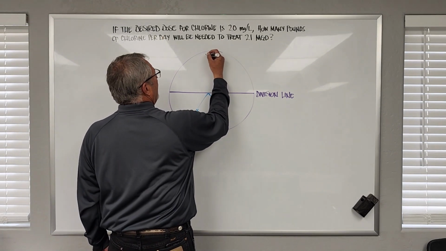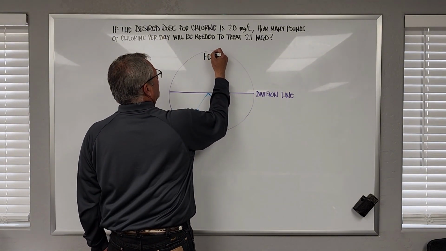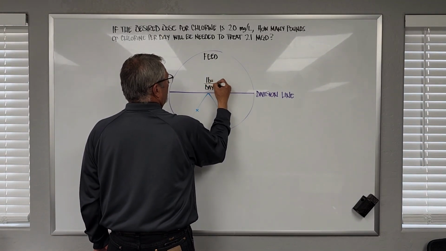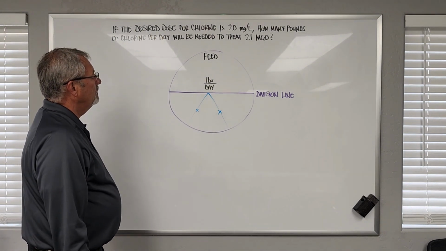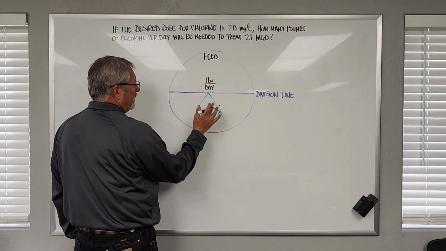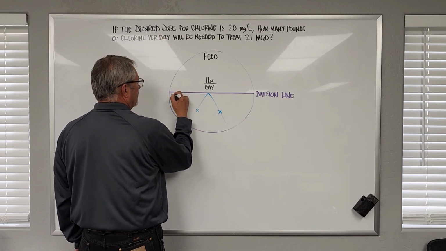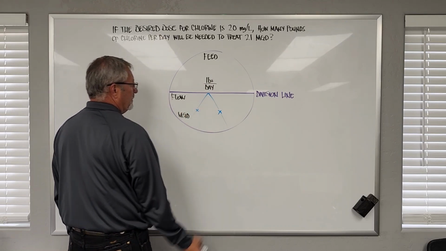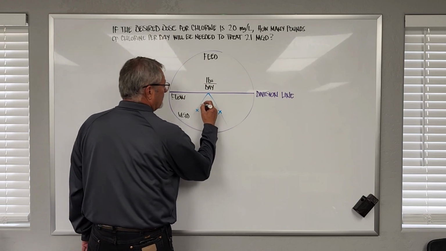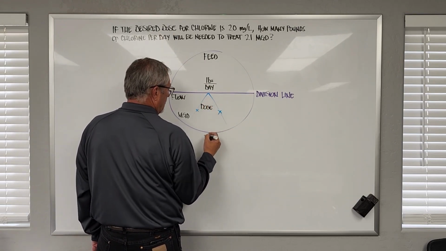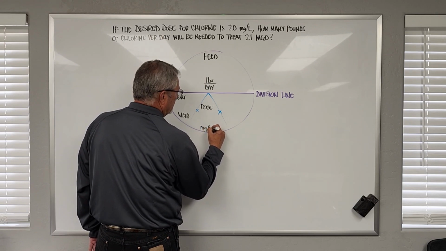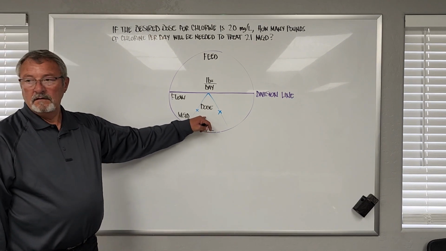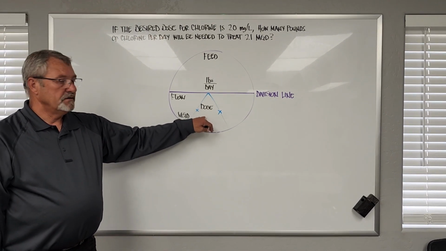The top piece, the top half, is what we call feed, and it is always measured in pounds per day. The first piece of the lower half of the pie is going to be flow, and the unit of measure is million gallons per day. The middle piece is dose, and that is in parts per million or milligrams per liter, because I'm dosing a chemical. That's the amount of the dose.